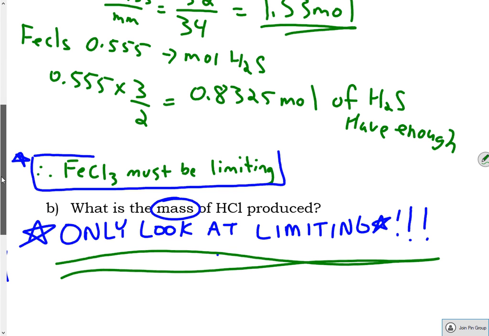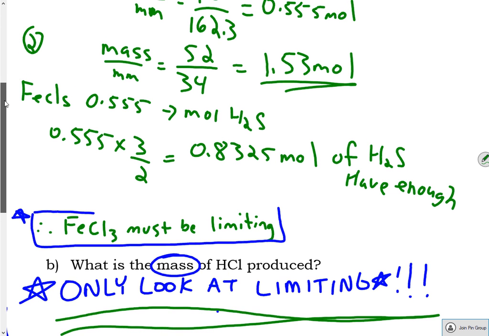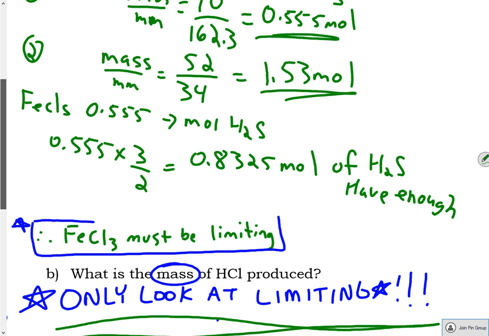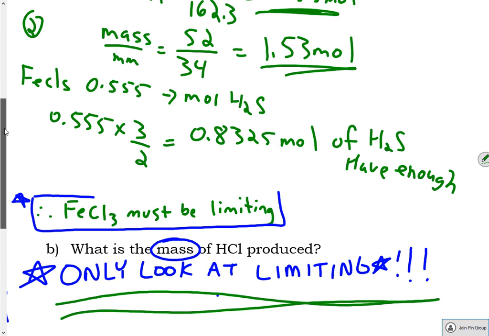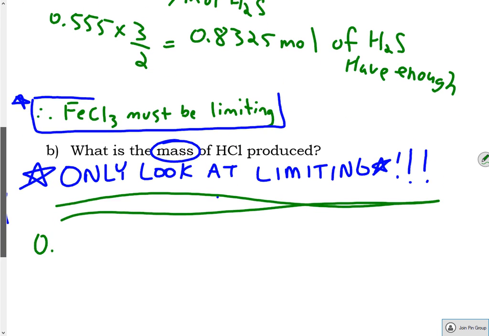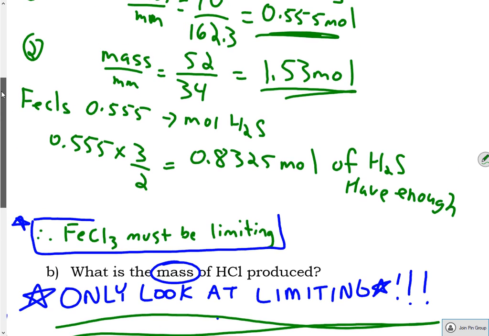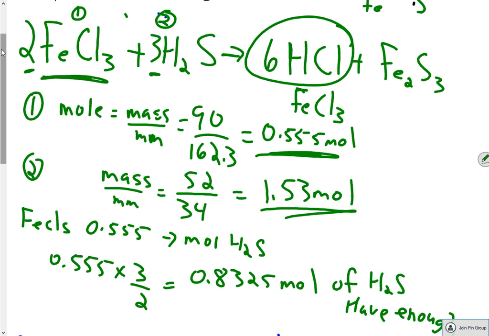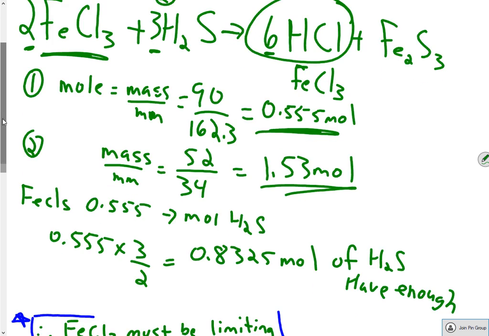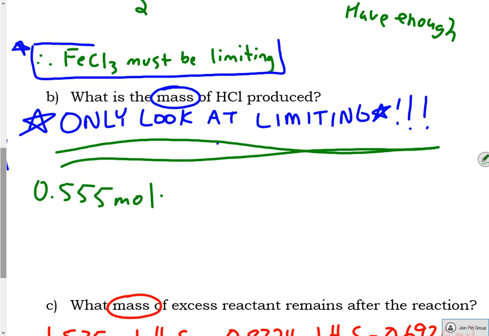So we know that iron chloride is my limiting reagent. So those are the moles that I'll use, because that's what's going to get used up first. I know I have this many moles of iron 3 chloride, and I want to find moles of HCl. So I use want over no again. So it's going to be 6 over 2. And that'll give me my moles of HCl.